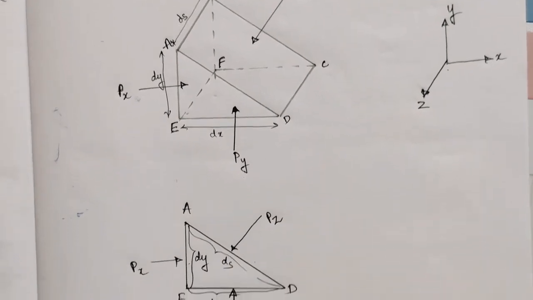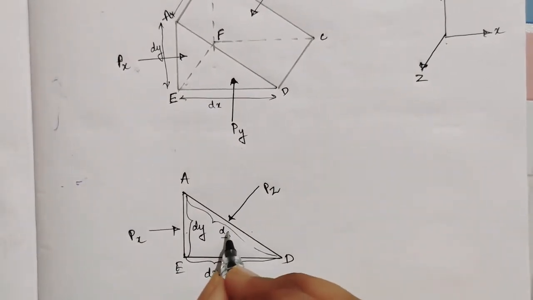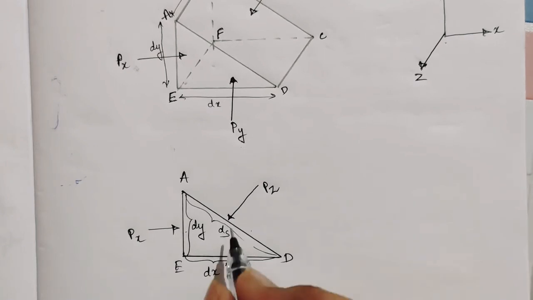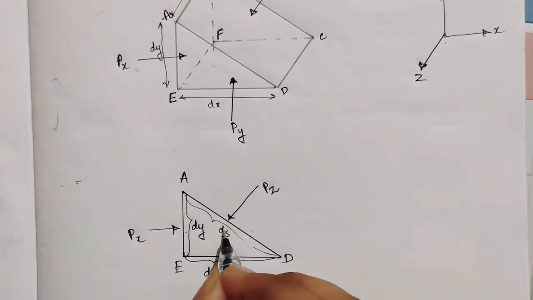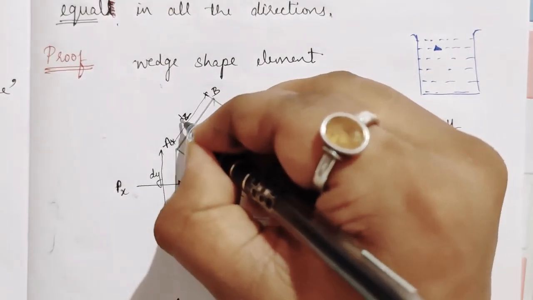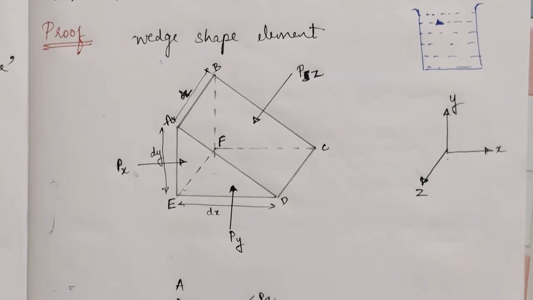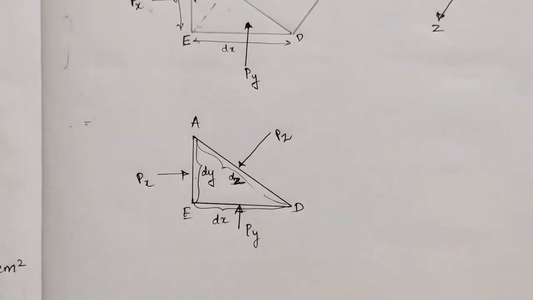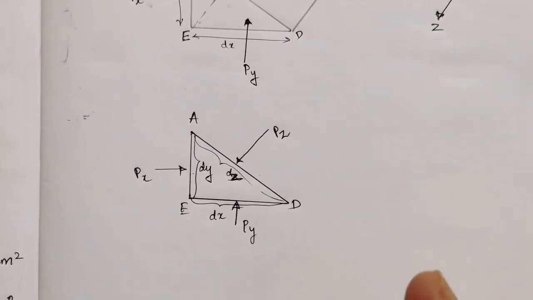I'll take z only. Why give another term and confuse you? So this is dz, and this is also dz. What we did is take a wedge shape water element, that's it.